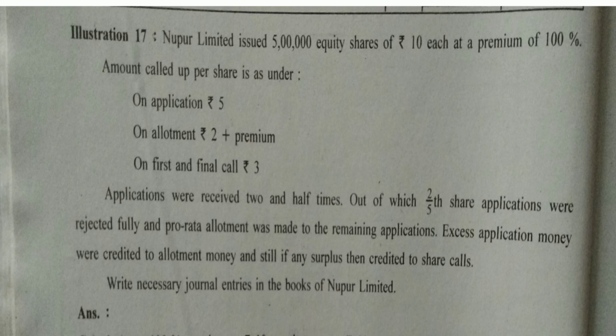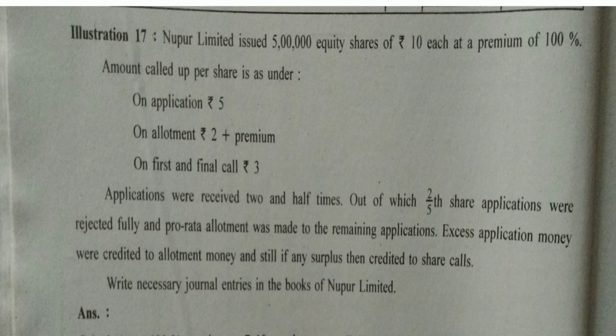It says, Nupur Limited issued 5 lakh equity shares of rupees 10 each at a premium of 100%. Amount called up per share is as under. On application, rupees 5. On allotment, rupees 2 plus premium. On first and final call, rupees 3.